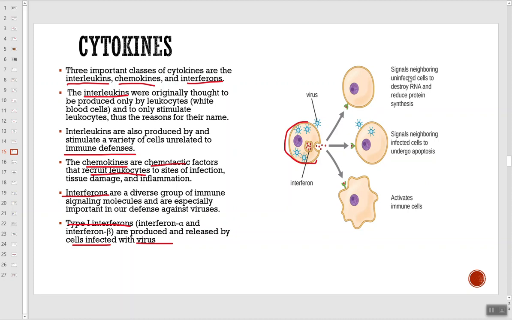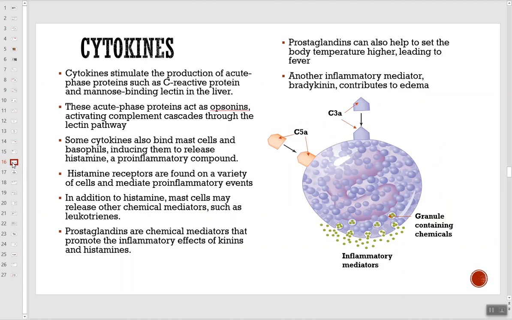So this neighboring cell, which is uninfected, is going to scale back on its protein production and destroy RNA, which means that the virus, if it does manage to get inside there, won't be able to reproduce. Cells that are already infected or in the beginning stages, this will induce them to undergo apoptosis to destroy the cell to get rid of the viruses. And also this will help to activate some of the immune cells, especially the cytotoxic T cells.